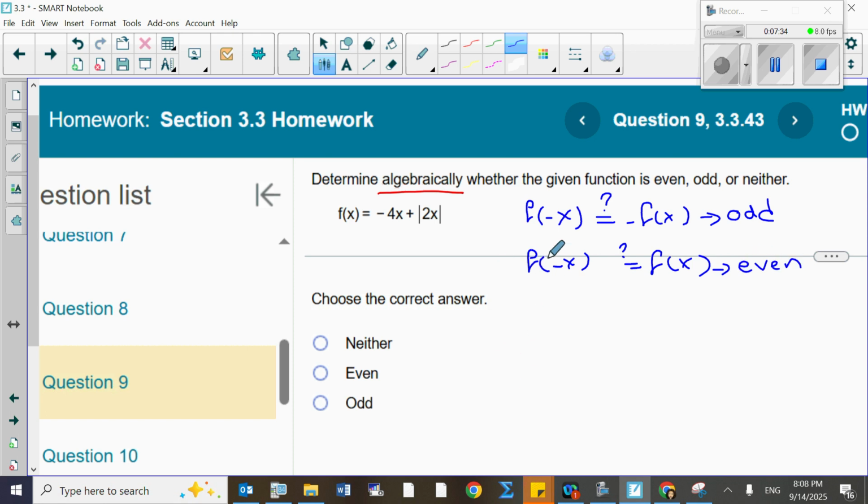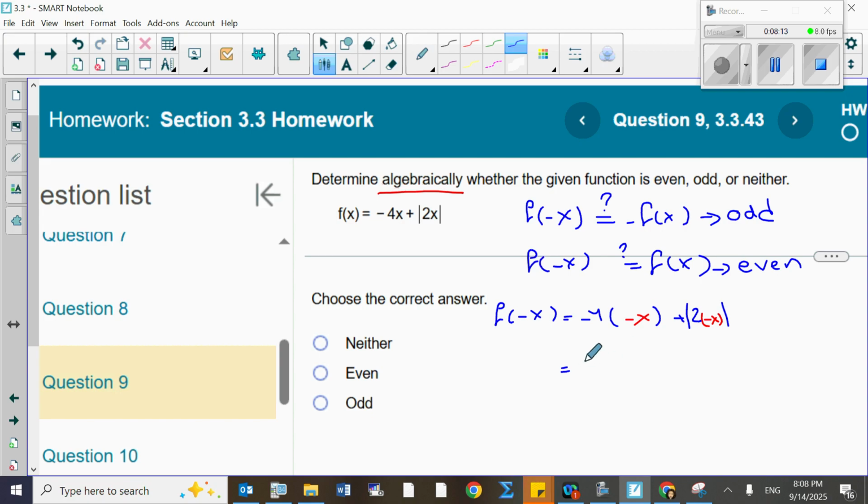So I'm going to start with f of negative x. That means in your function, wherever you see x, replace that with negative x. So here I will have negative 4 times x plus 2 times the absolute value of x. I'm supposed to have x here, but instead of x, I'm going to write negative x, and the same here. Now, start simplifying.